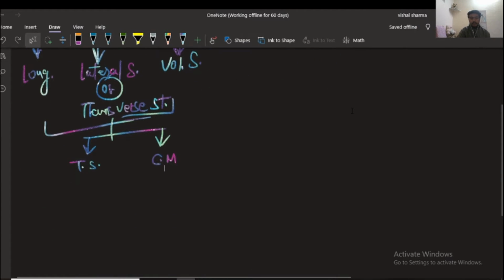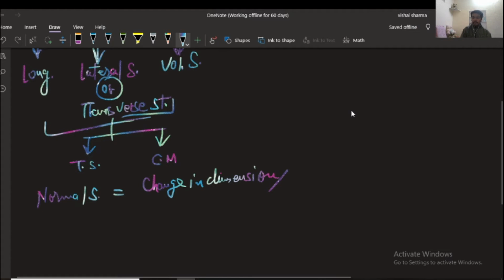Now let's understand the difference between the normal strain and longitudinal strain. The normal strain is given by the change in dimension to the original dimension.